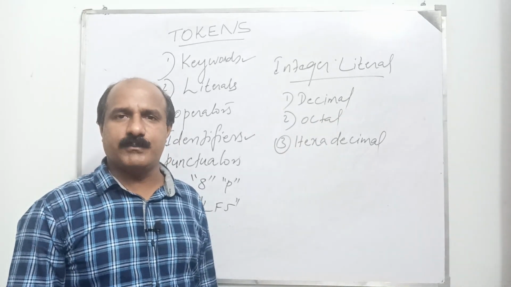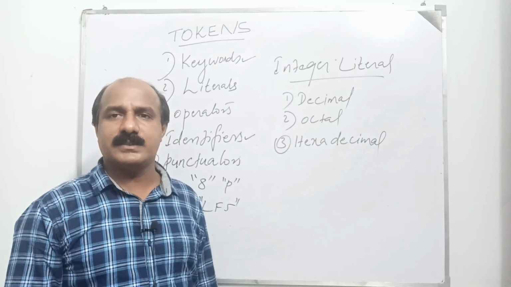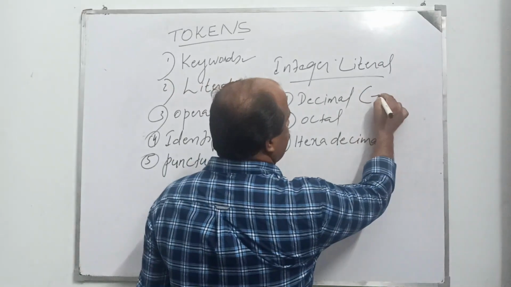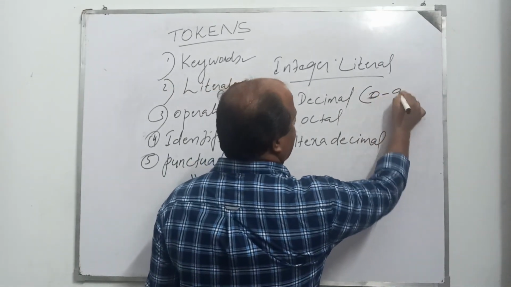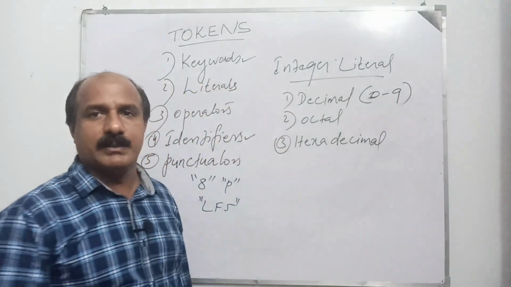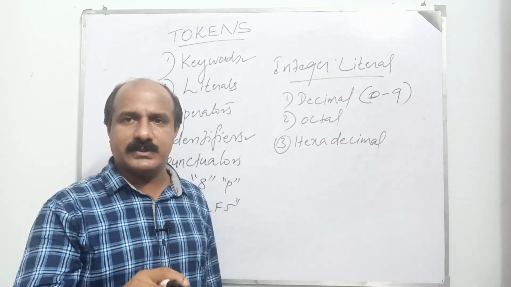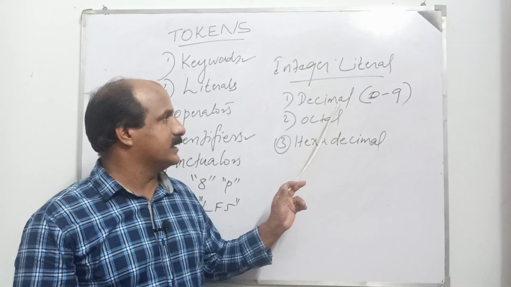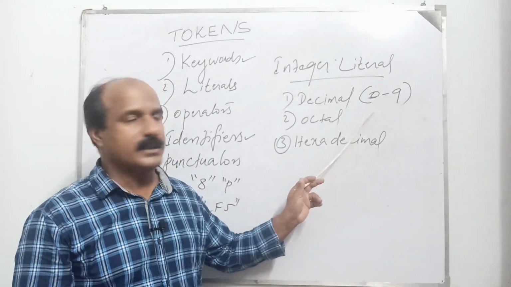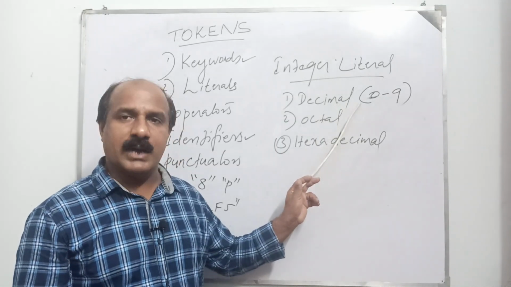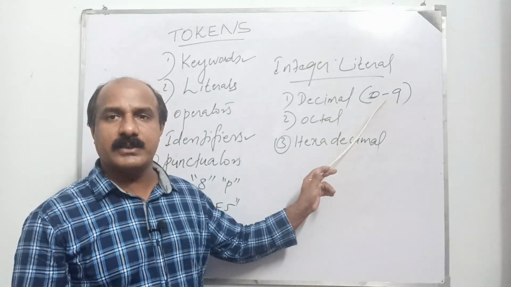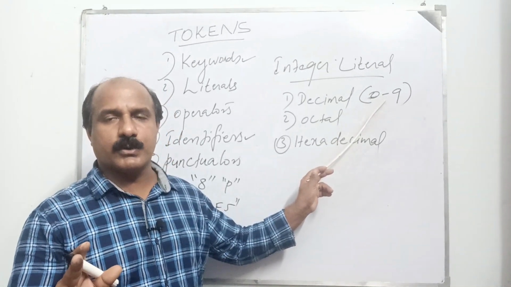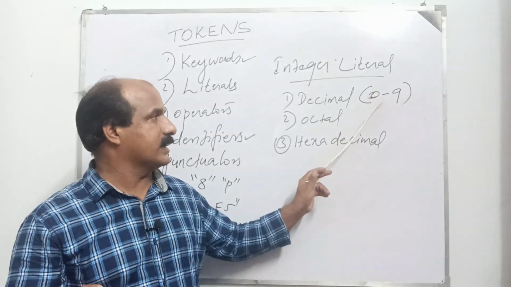A number system which uses 10 symbols. In decimal, we use 0 to 9 as the symbols. The total number of symbols is equal to 10. That's why decimal. Deci means 10. So the number system having the base as 10. Base 10 means the number of symbols that you can use is 10.